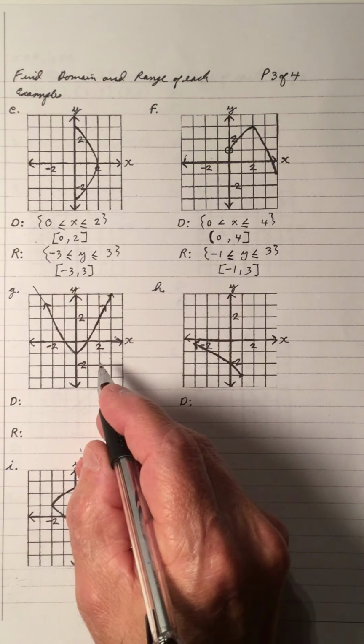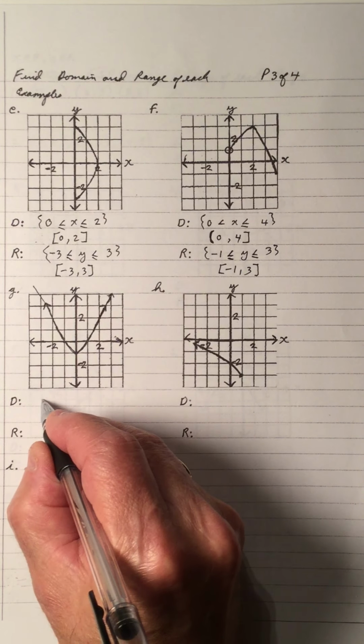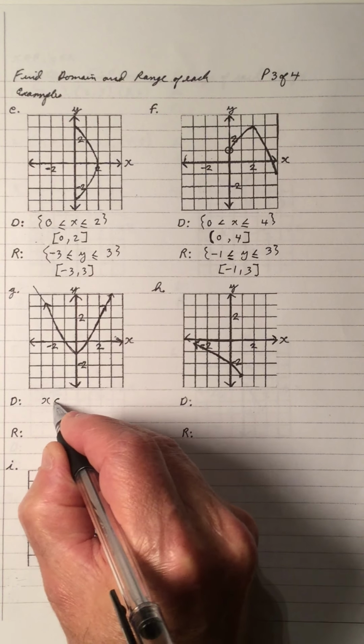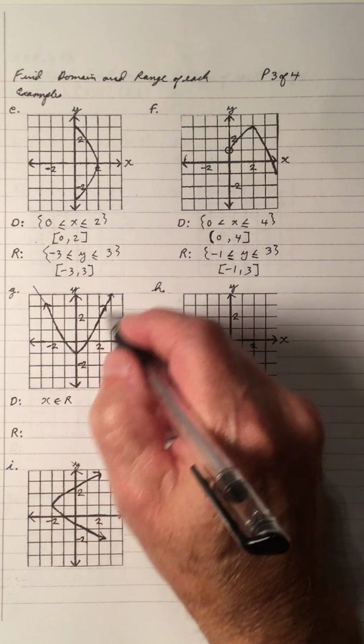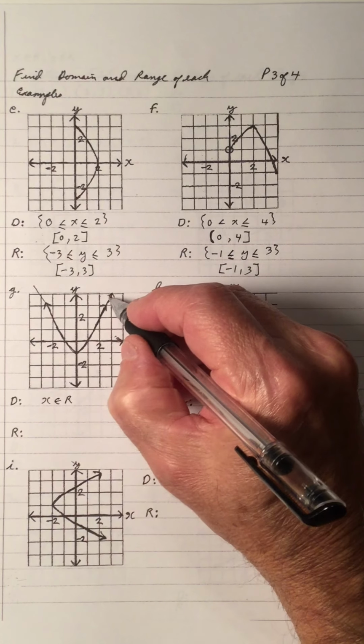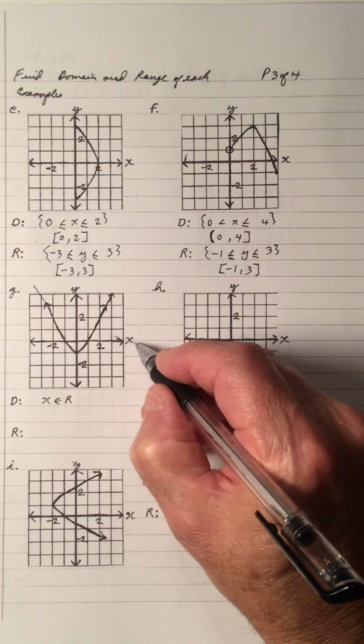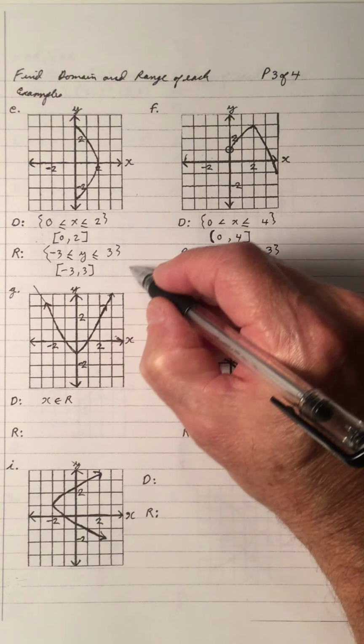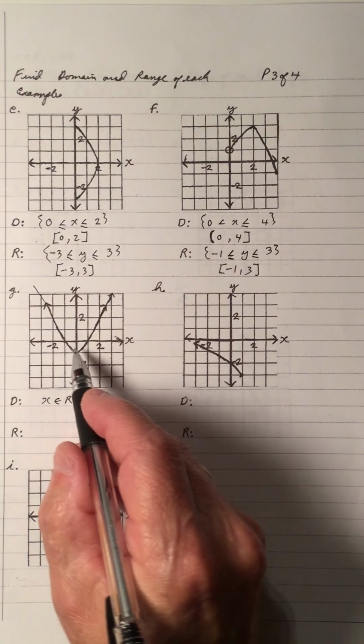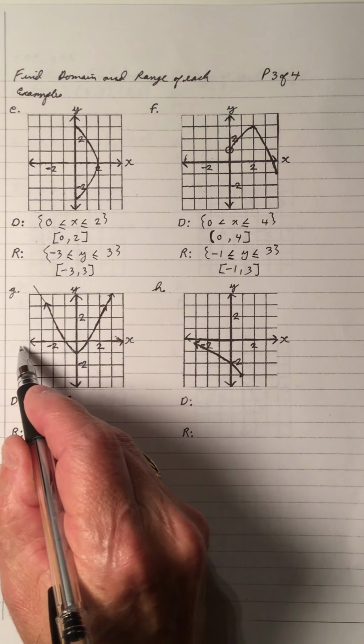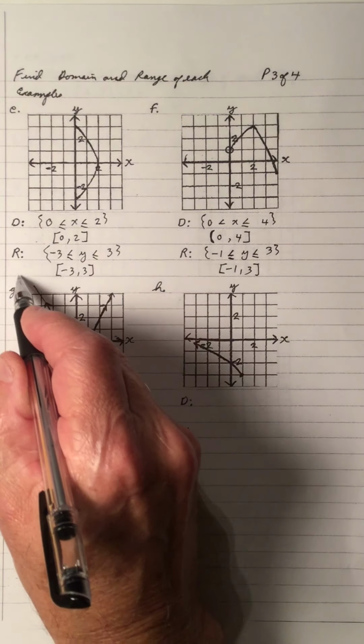And as you move to the left, this goes up and up and up, and the x's go negative. So that means the domain for the x's belongs to the real numbers, because as the x goes out and out and out, this graph just keeps going up and up and up. And the same way this way, as x goes out here, this graph keeps going up and up.